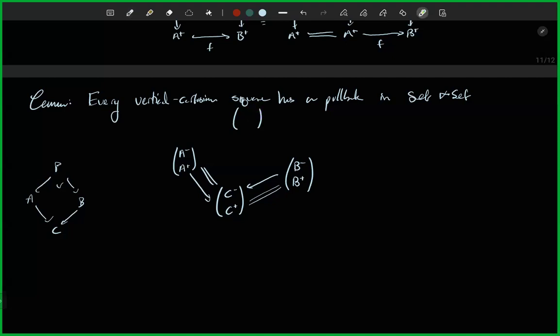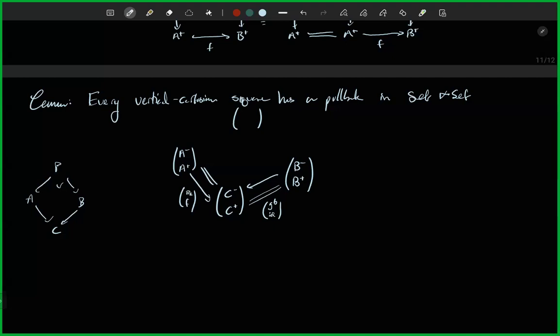Well, first, we actually know a lot more about A plus and A minus because we know that the left leg is Cartesian and the right leg is vertical. So I'm going to give a name. This is F, and this is pi 2 because it's Cartesian, and this one's vertical. So I'll call this G flat.